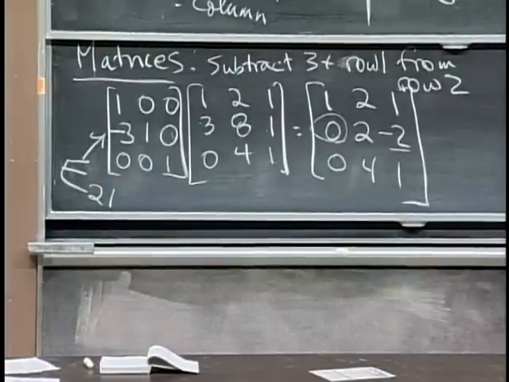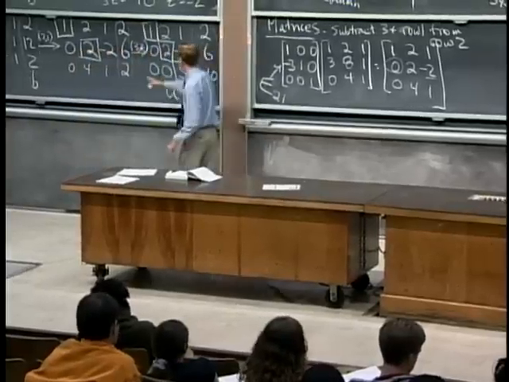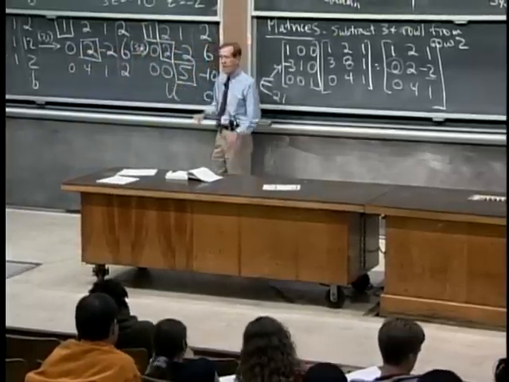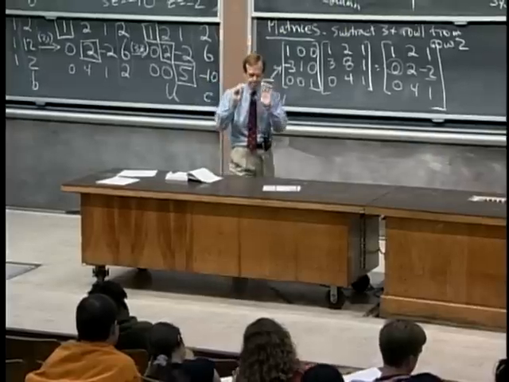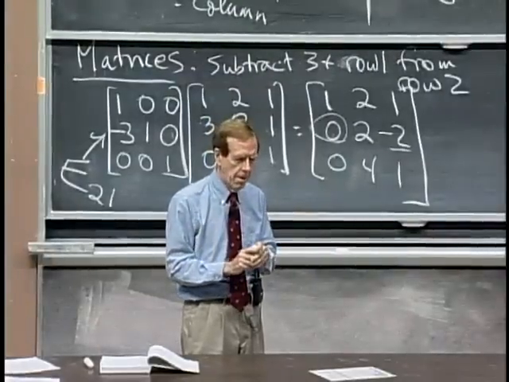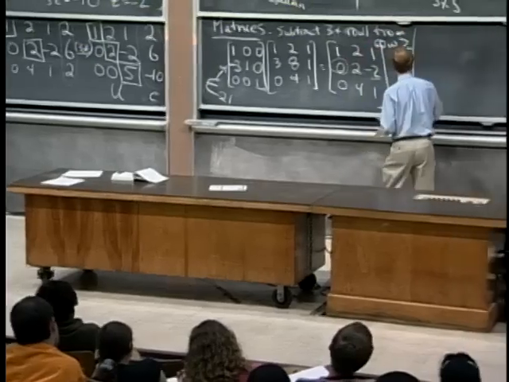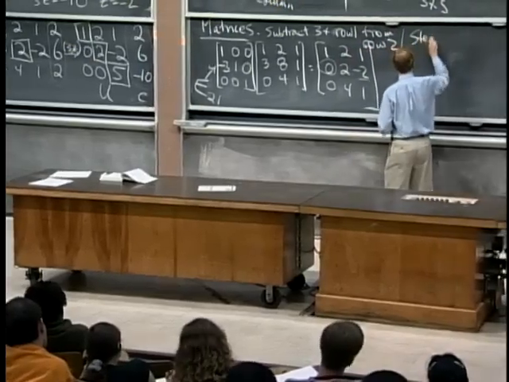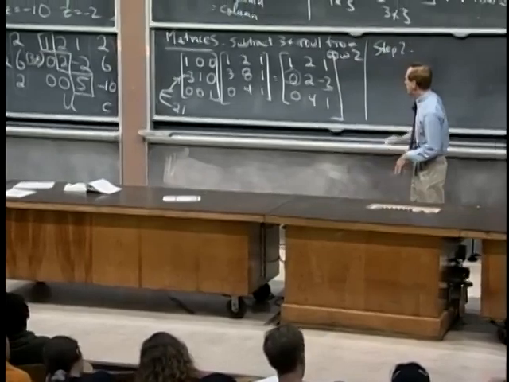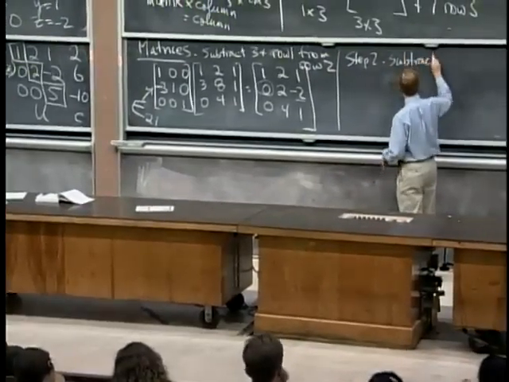So what do I do next? I need another matrix, right? There's another step here, and I want to express the whole elimination process in matrix language. So tell me, next step, step 2, which was what? What was the actual step that we did?